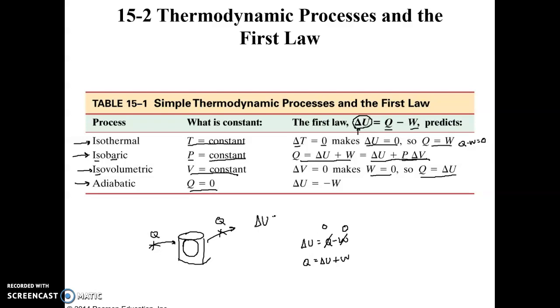So if we've got delta U equals Q minus W, and Q is zero, then it means that delta U equals negative W. So the total change in energy in the system is equal to negative work. Okay, so again, we're building up to the Carnot cycle here. It may not make a whole lot of sense, but we're getting there.